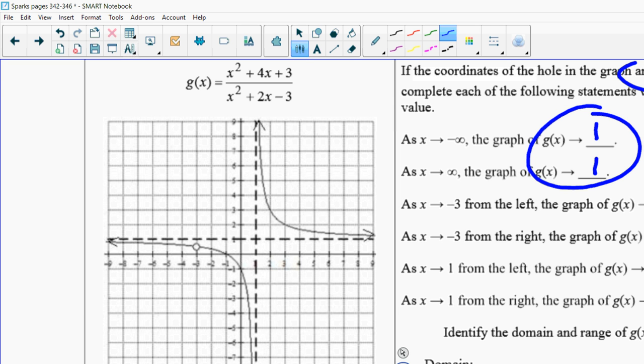The horizontal asymptote. Ladies and gentlemen, the definition of a horizontal asymptote is, what does the graph do as x approaches positive or negative infinity? That's what a horizontal asymptote is. If you had Mrs. Siegert, did you have any graphs that ever crossed the horizontal asymptote and you were told it can't do that?